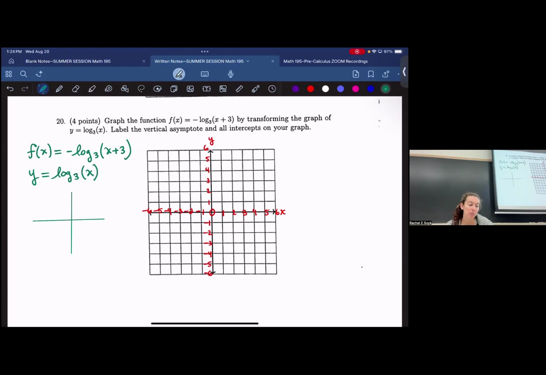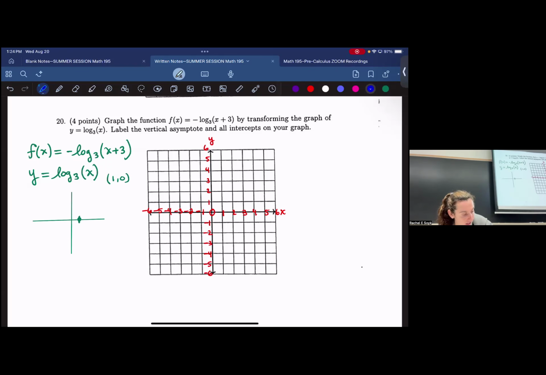But what's that famous point that we should put in? 3 to what power gives us a nice clean number? Yeah, 3 to the 0 power gives us 1, which means we have 1 comma 0 as our main point.